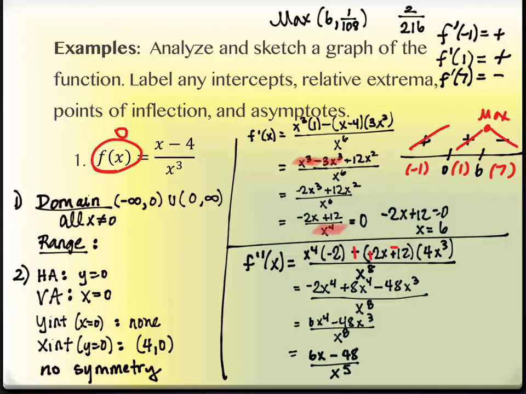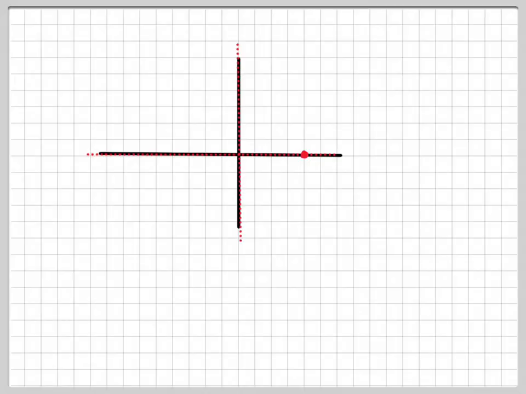So that actually gives me a piece of information that I can use over here. At 6 and barely a bit above 0, right? That's where that is. I have a maximum point. Now, I can't really plot it at 1 over 108. That's ridiculous. But I can plot it a little bit above the x-axis, right? That's going to be a maximum. So this is very interesting at this point because what I actually have is I have my graph sort of doing this little hill.